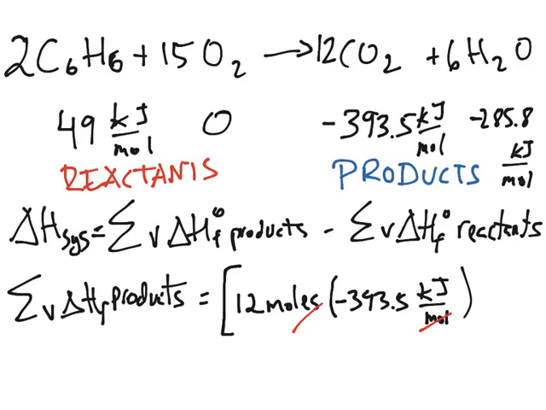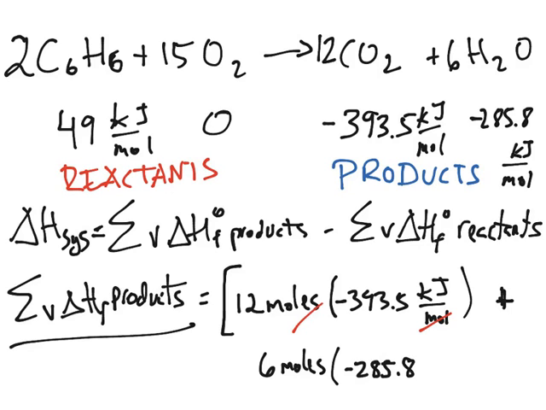But that's our first product. This represents the sum of the products, so we have to also put in the brackets the water. So it's going to be 6 moles times negative 285.8 kilojoules per mole.